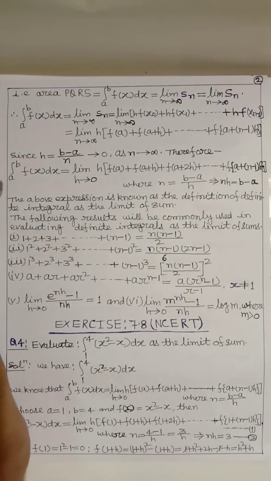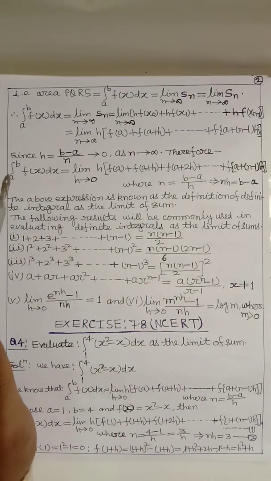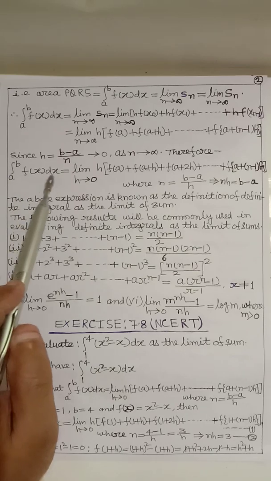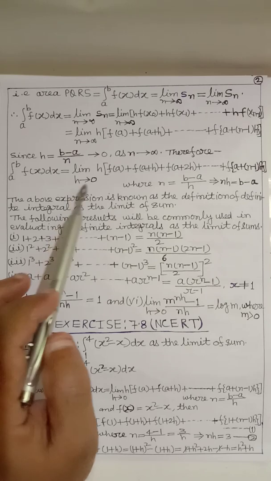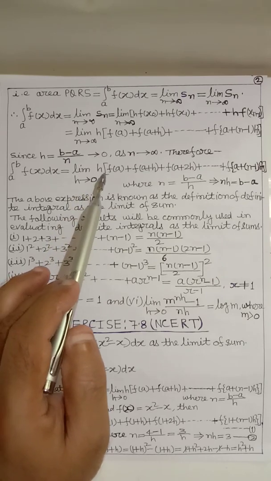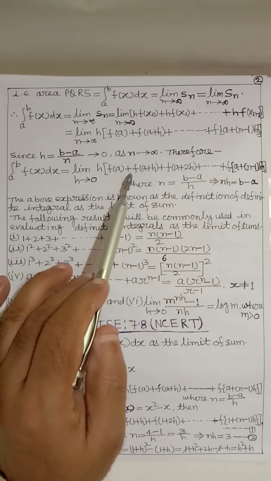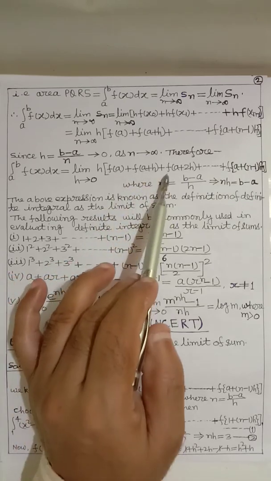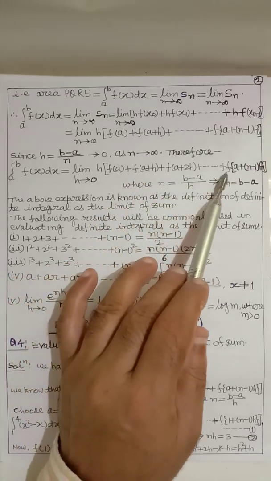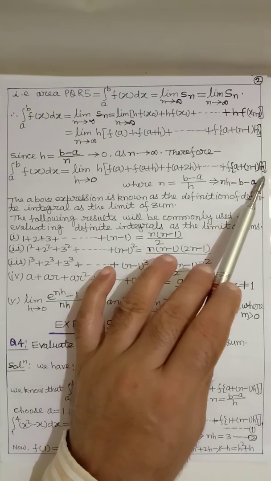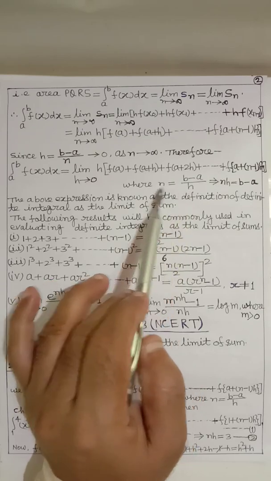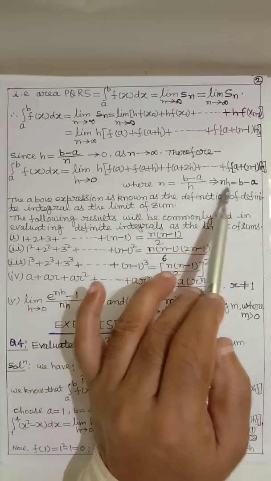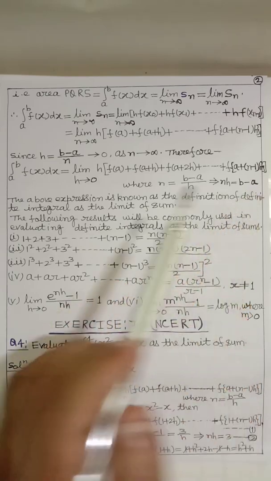Therefore, we have integration of a to b f of x dx is equal to limit h tends to 0 of h times f a plus f a plus h plus f a plus 2h plus and so on plus f a plus n minus 1 h, where n is equal to b minus a by h, and on the basis of this we can find nh is equal to b minus a.